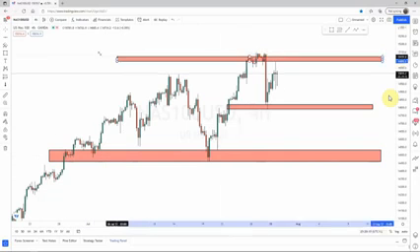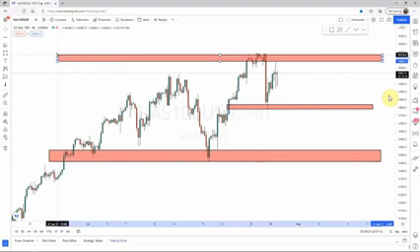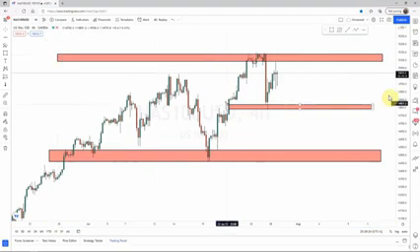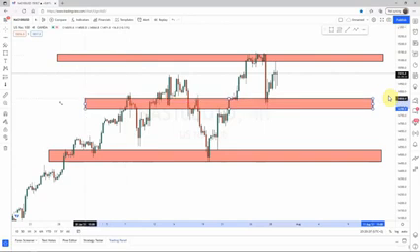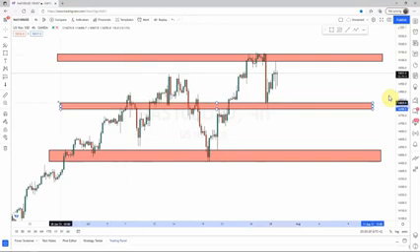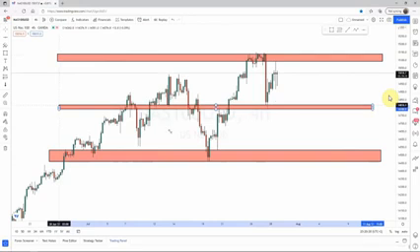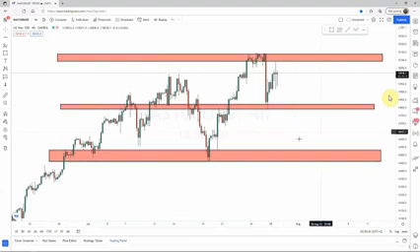Same goes for this, and obviously that level over there. Right. Now, we can obviously see what happened here.